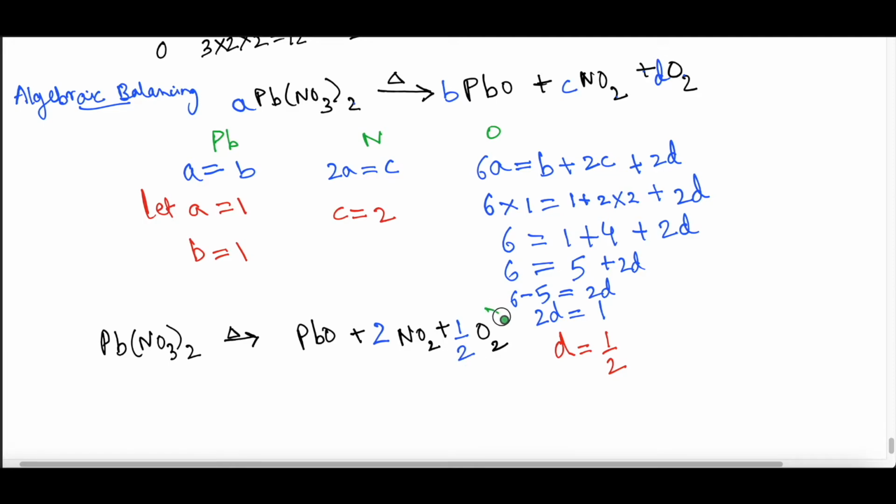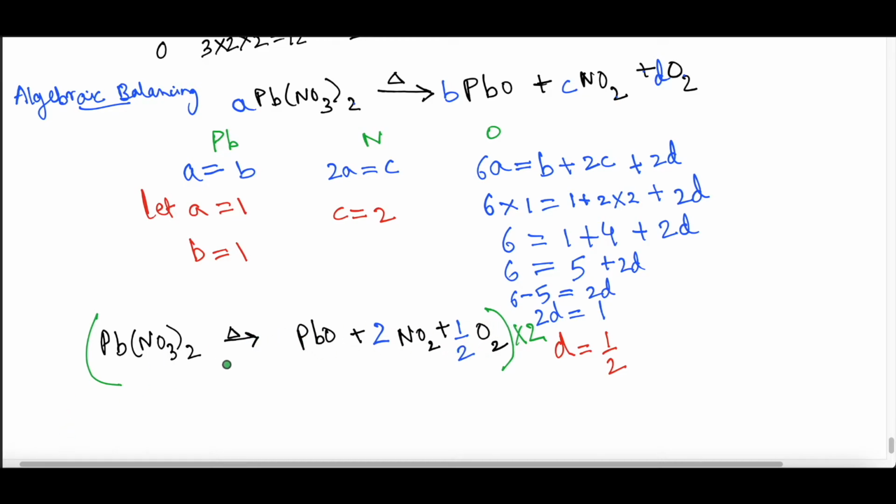Yes, we will multiply this whole chemical equation by 2 so that the numerator and denominator get cancelled and we get whole numbers.